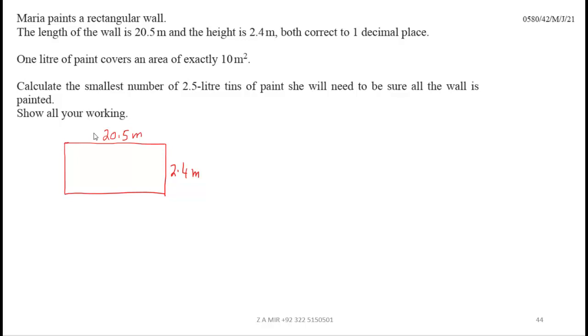Because both are correct to one decimal place, and one decimal place is 0.1, to find the upper and lower bound we divide this by 2. So this is 0.05.